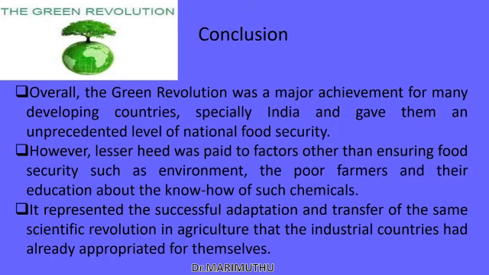It represents the successful adaptation and transfer of the scientific revolution in agriculture that the industrial countries had already appropriated for themselves. With this we conclude the session, and the conclusion is the most important one in the Indian economy.